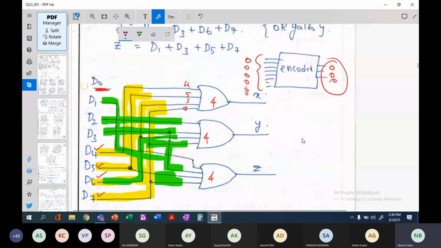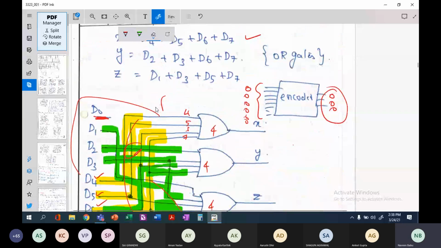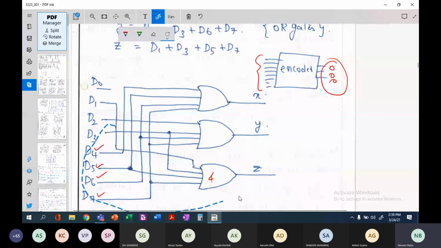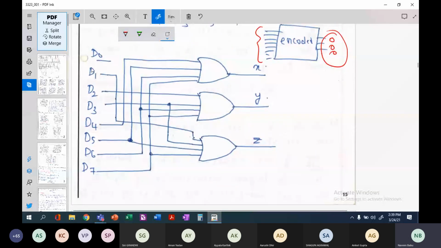What this means is, let us consider, say, 3 and 6 are active.